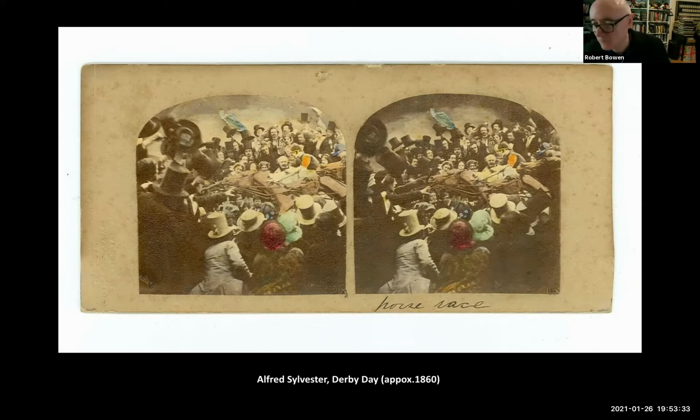Again, years before Muybridge does the same thing for real, but they simulate it. And so those horses are made out of papier-mâché, right? But still the scene has this kind of frenetic quality, but it's the simulation of the instant.